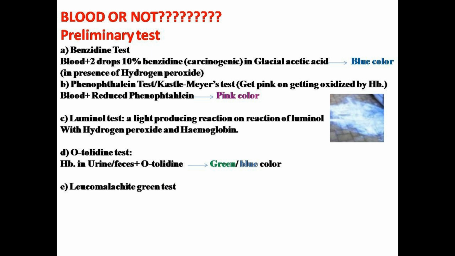This is 10% benzidine in glacial acetic acid. So the blood having peroxidase reacts and it gives blue color in the presence of hydrogen peroxide. So if the blue color is obtained, then it may be a blood sample. It is highly sensitive because even if the blood is diluted 300,000 times, it will still give the result.